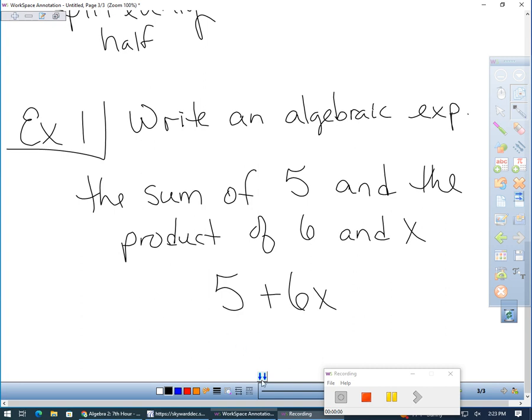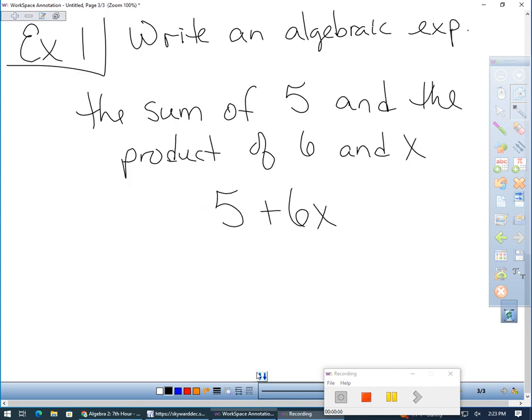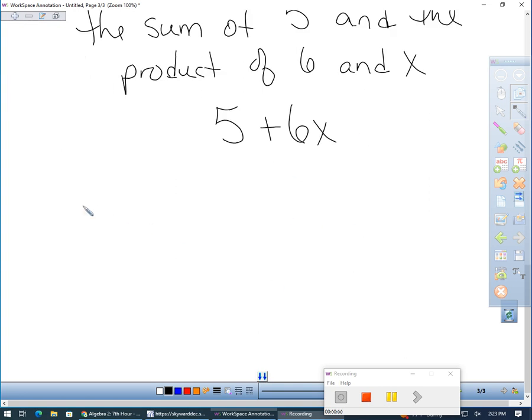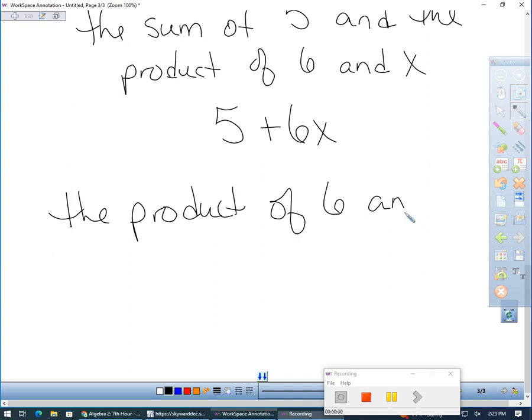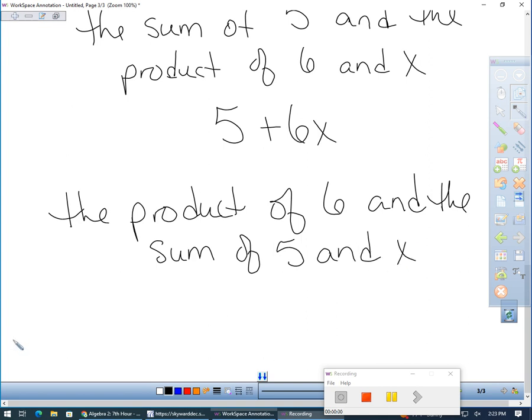Okay. So here's one more, kind of the same deal. What if I said the product of 6 and the sum of 5 and x? Yes.